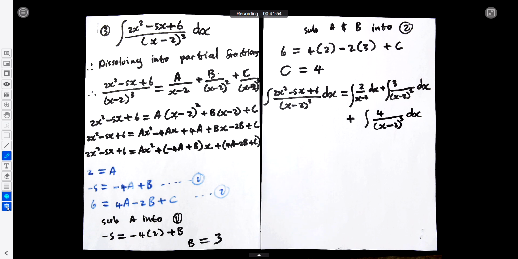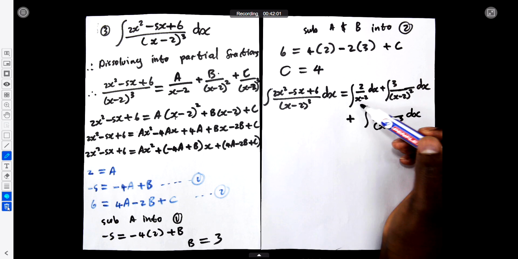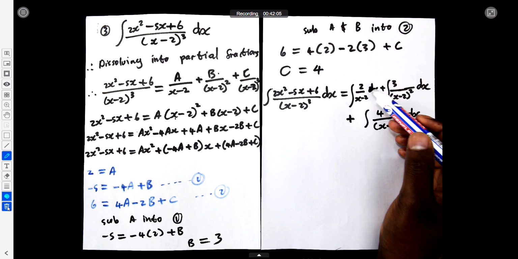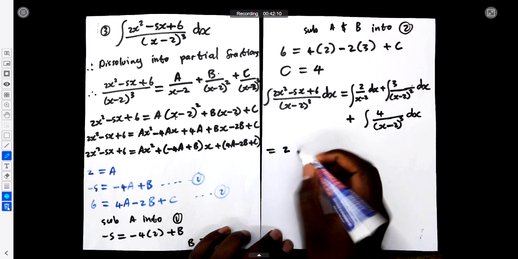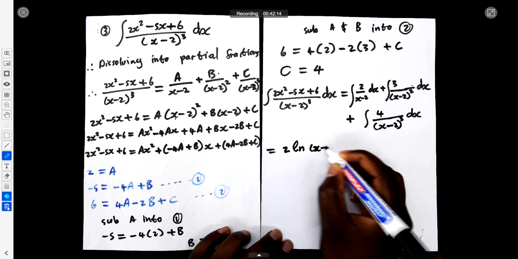Look into the first one. When we differentiate x minus 2, what are we going to get? 1. So the derivative of x minus 2 is 1, so it's multiplied by that constant. So we know it's ln of the base multiplied by the constant: ln of x minus 2.